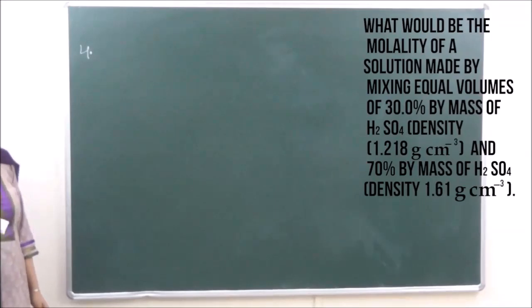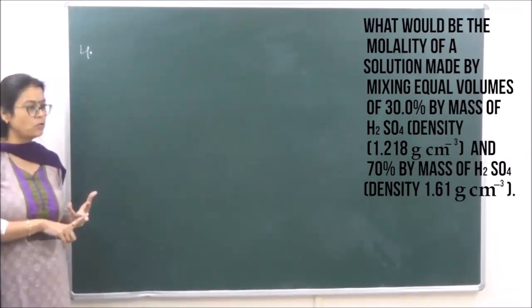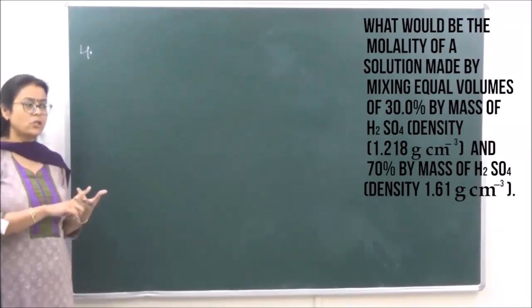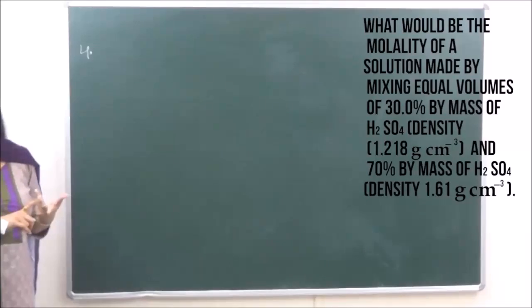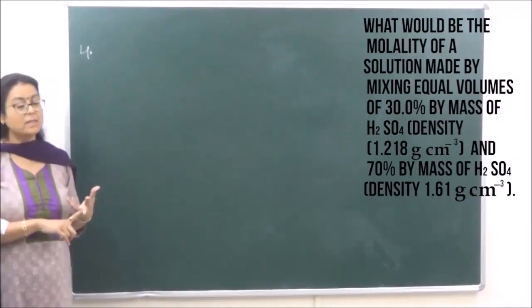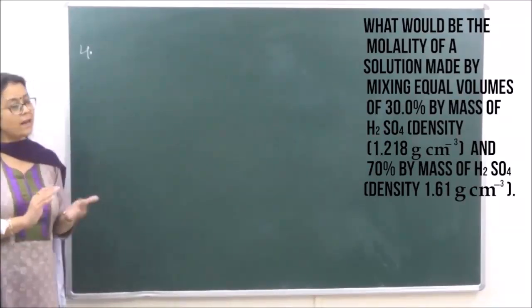Now, for doing this question, let's suppose that 100 ml of one solution is mixed with 100 ml of the other solution. One is H2SO4 with 30% by mass, and the other one 70% by mass. So we are assuming that both are 100 ml.